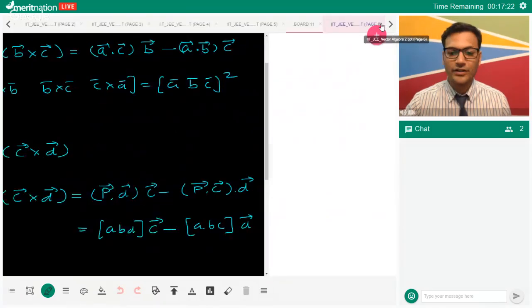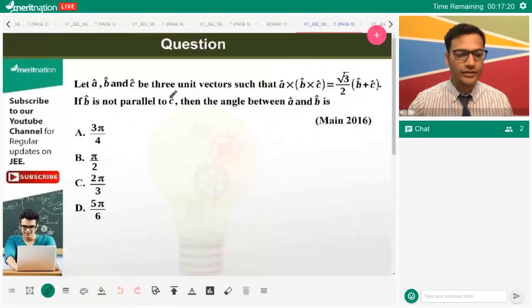Very simple analogy. Let's see one more question on it. If A, B, C are three vectors such that A cross B cross C is equal to root 3 upon 2 times B plus C, and B is not parallel to C, then what is the angle between A and B?